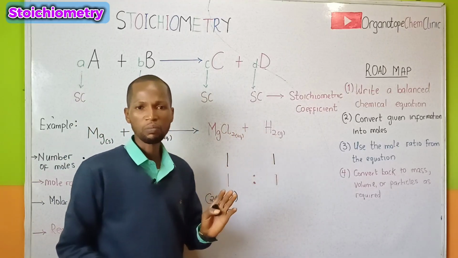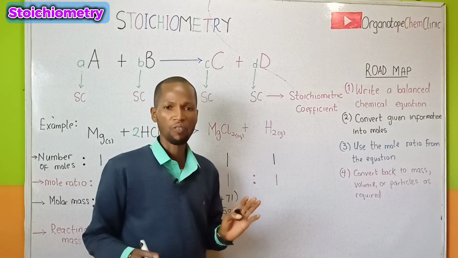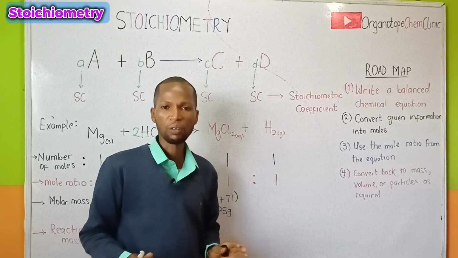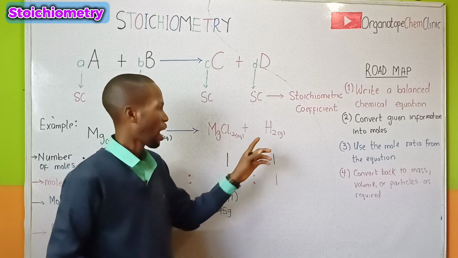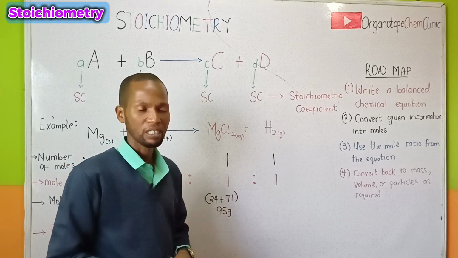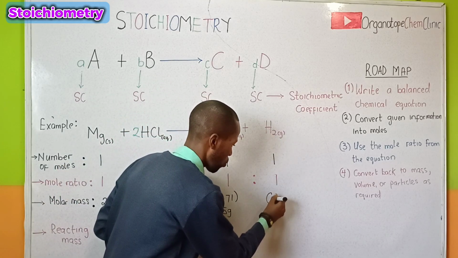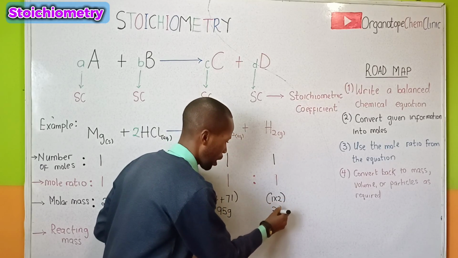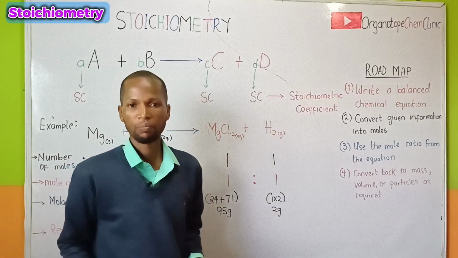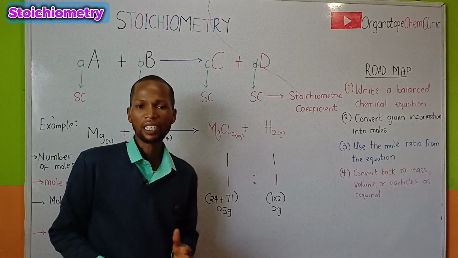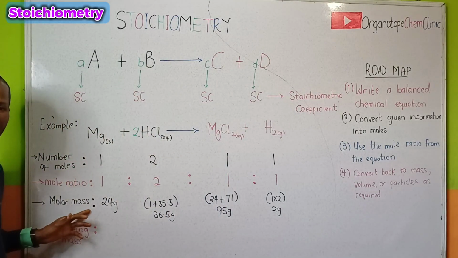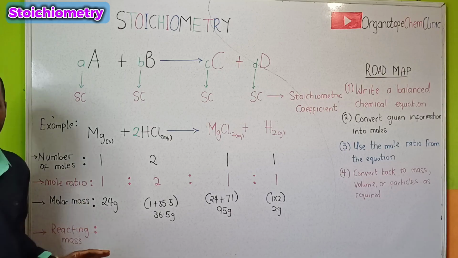Then we have the liberation of hydrogen gas on this side. Hydrogen has atomic mass 1 and we have 2 atoms of hydrogen here, so 1 times 2 gives us 2 grams. Make sense?